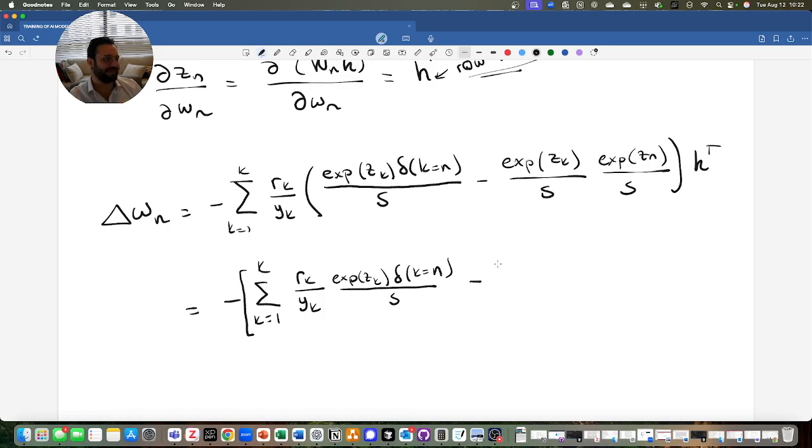And I have again a negative summation over k equals 1 to capital K, and I have the Rk over Yk here. And let's go ahead and simplify this.